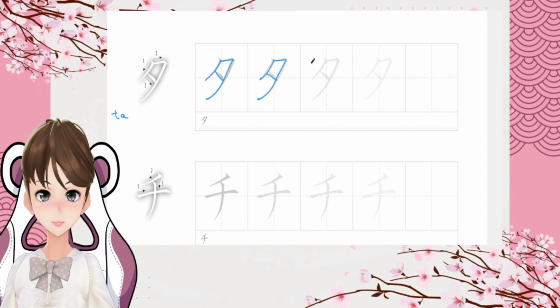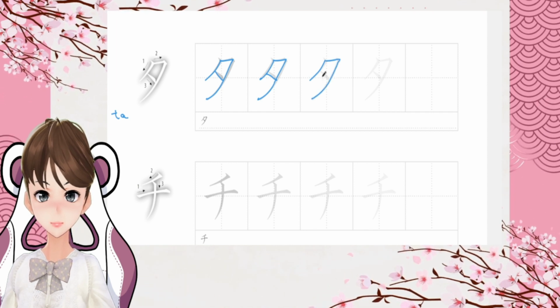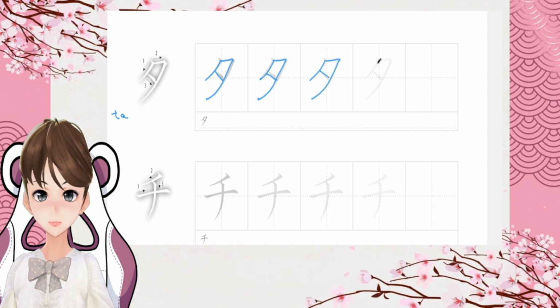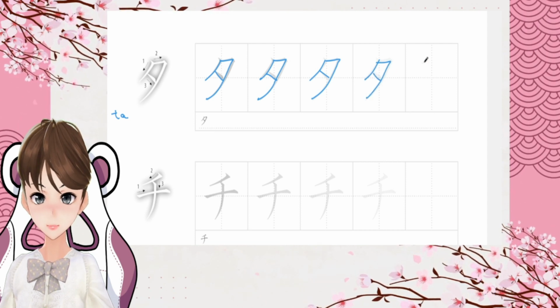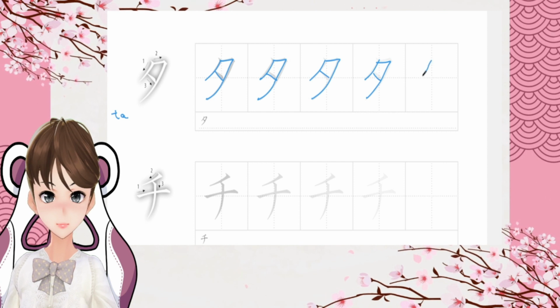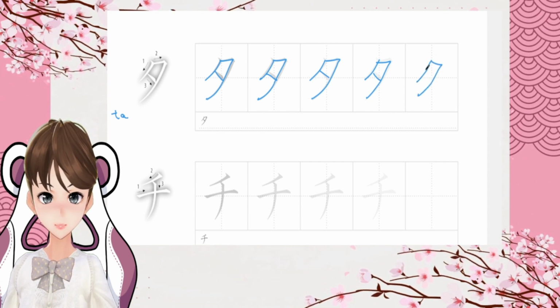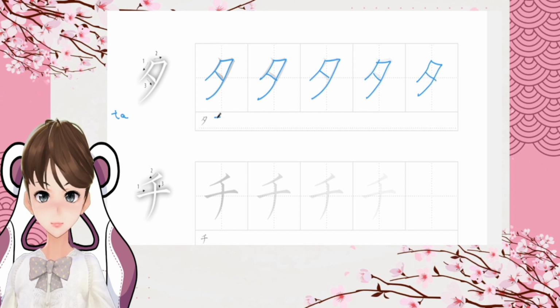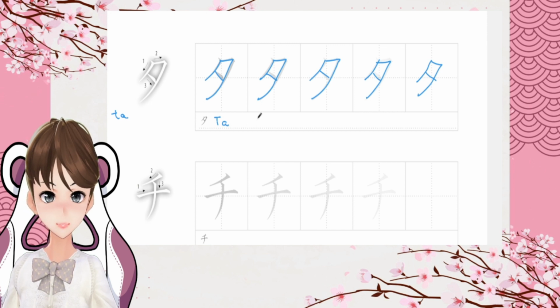So this is the ta character. It almost looks like a tidal wave.